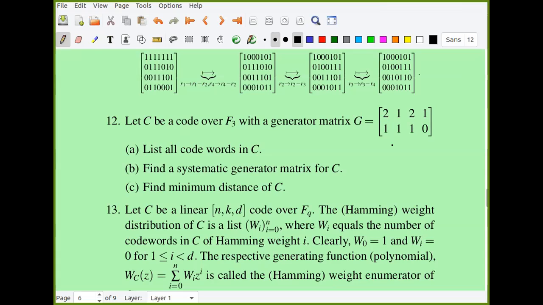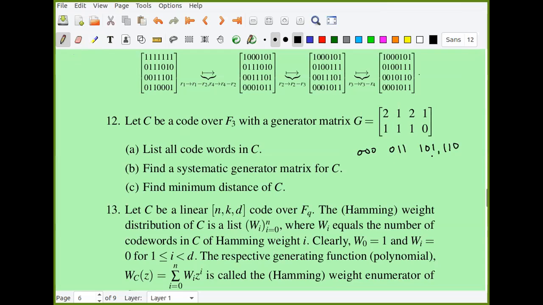See, for example, this is a generating matrix. For example, is it a linear code? One more time explaining: 0, 0, 0, 0, 1, 1, 1, 0, 1, 1, 0, and 1, 0, 1.